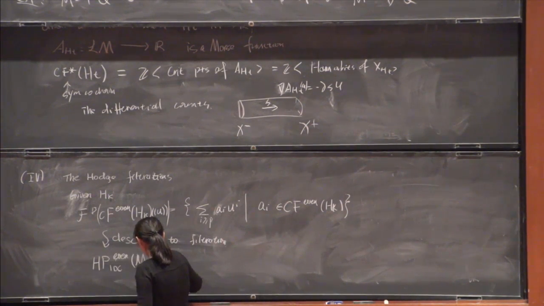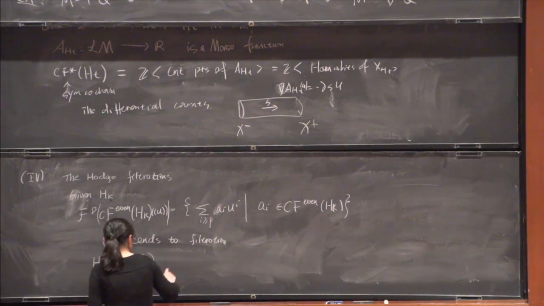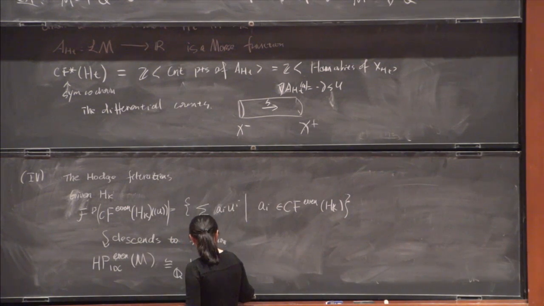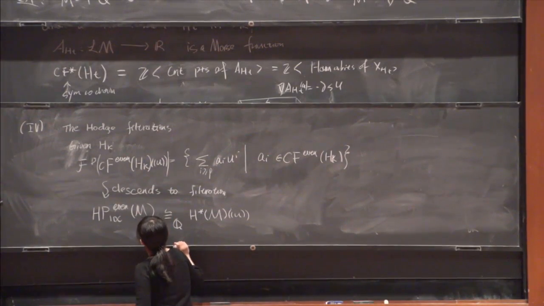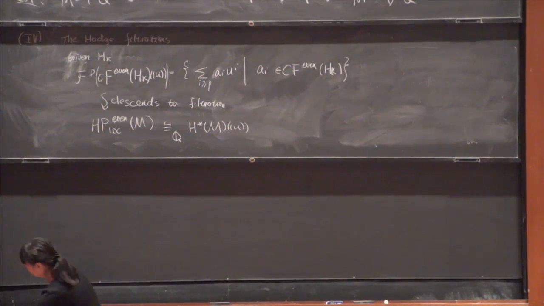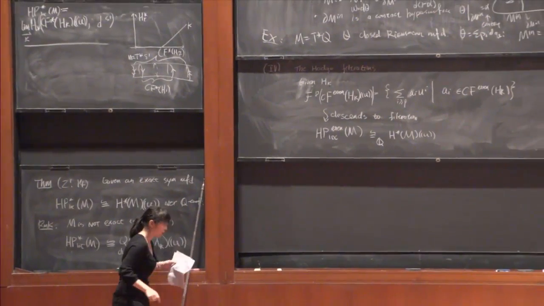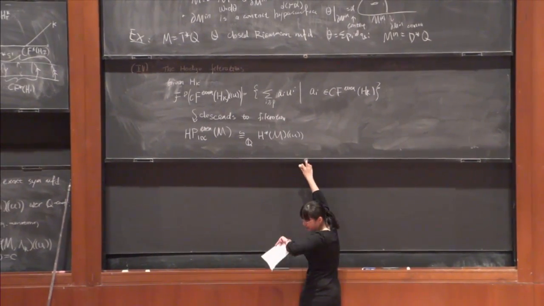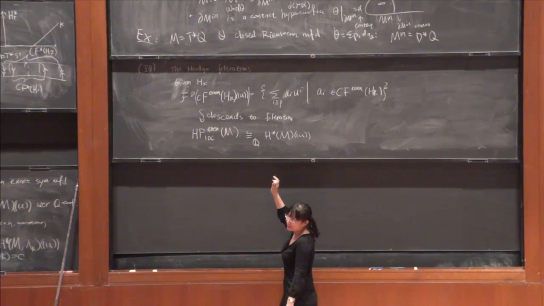And again, whichever version you are looking at, it's rationally the cohomology of M, or the quantum cohomology of M. Well, I sort of want to convince you, if I have time, this filtration is not a naive filtration.